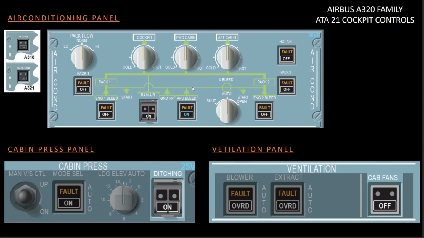The pack discharge temperature sensor is the one that gives the signal to the ECAM, and that signal is also used to display the fault light along with the pack overheat signal, and so you will get this fault light in case of compressor discharge overheat and pack overheat condition, plus during position disagreement. And when it comes to the flow control valve push button, when it's selected on there won't be any indication, right?